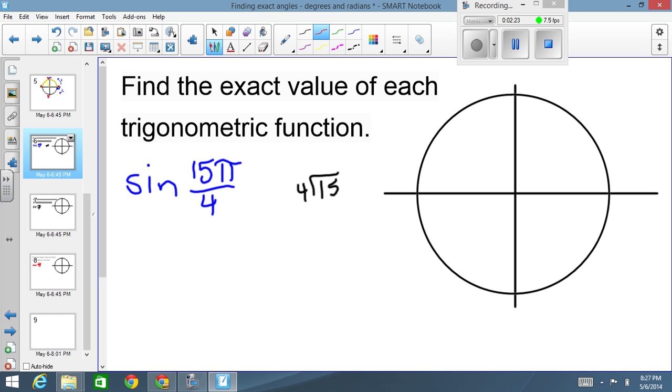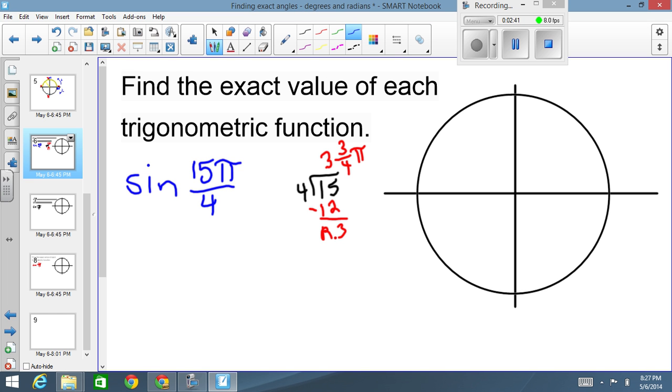So 4 goes into 15 3 whole times. 3 times 4 is 12. I get a remainder of 3. I take my remainder, I put it over my divisor, 3/4. So this is 3 3/4 pi's.